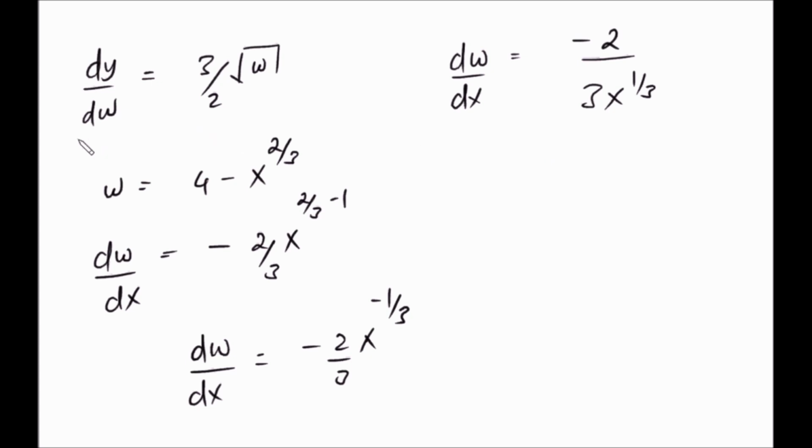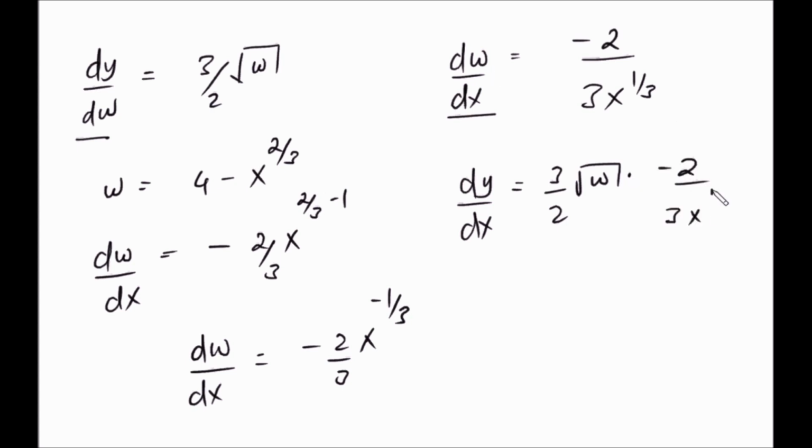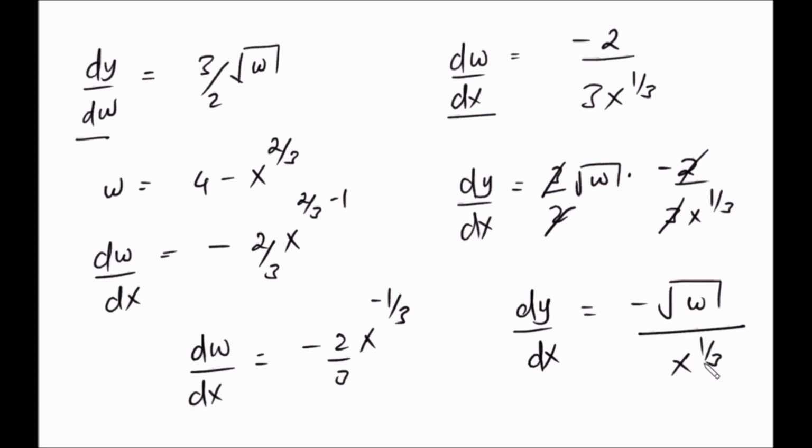So now nitachukua dy dw times dw dx nipate nini? Dy dx. Kwa hiyo dy dw ni ile 3 over 2 the square root of w times dw dx ni hiyo negative 2 over 3 x power 1 over 3. So 3 na 3 they go, 2 na 2 they go. So dy dx sasa itakuwa sasa negative huyo hapa w over x power 1 over 3.